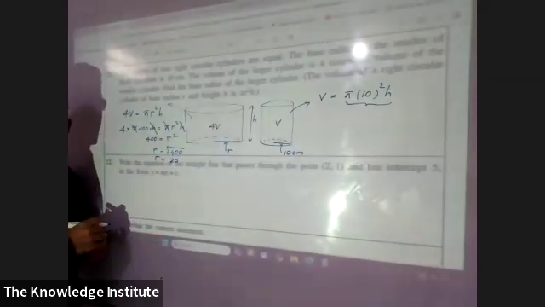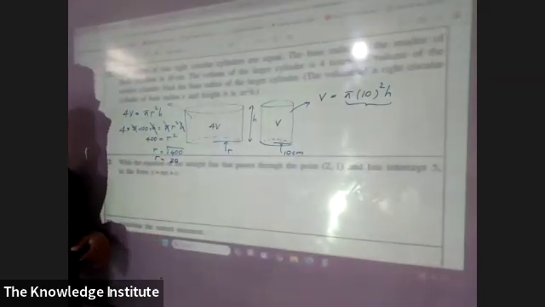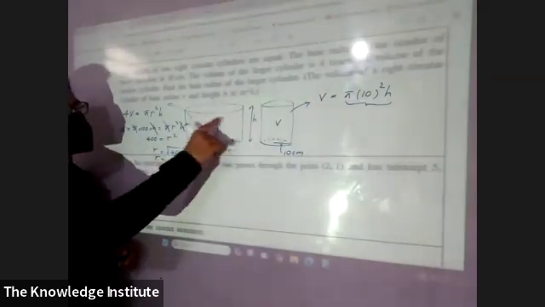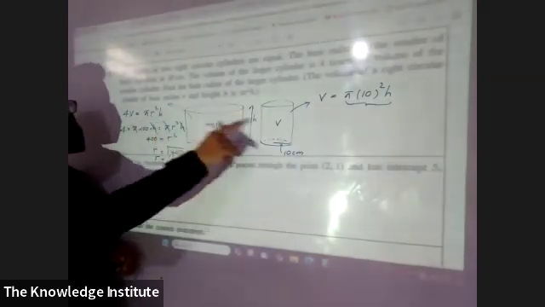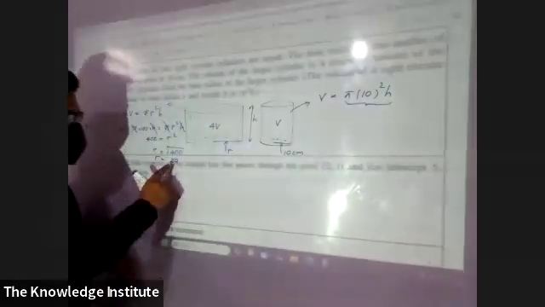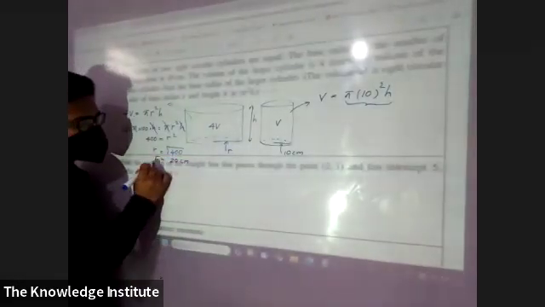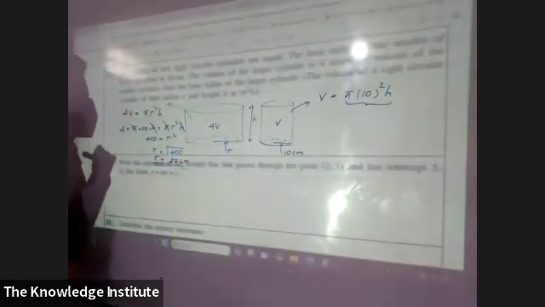What is the unit? Centimeter, because here I substituted in centimeters. Right? I have substituted in centimeters. 20 centimeters.